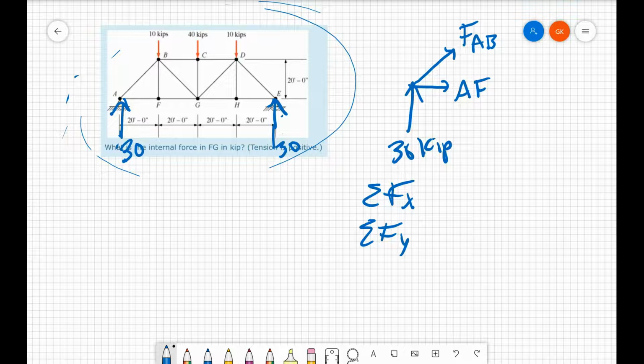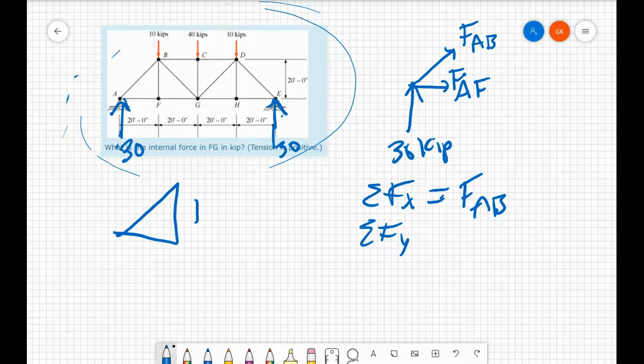So if I do the sum of the forces in the X, I have force AB, and I'm doing my slope triangle here. It's 1, 1, because it was 20 and 20, I just divided by 20. And then this right here will be the square root of 2.